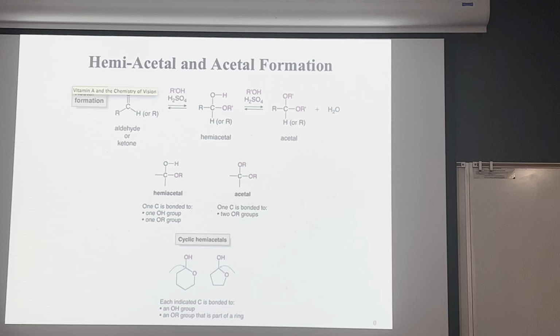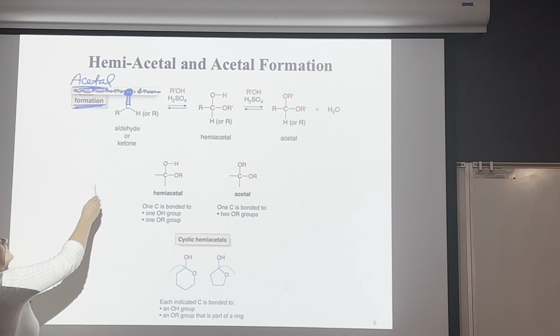Pen on. Okay, so we got an oxygen here, and we've got the double bond like that. And it says acetal formation. Okay, so acetal formation, and we're starting with an aldehyde or a ketone there.